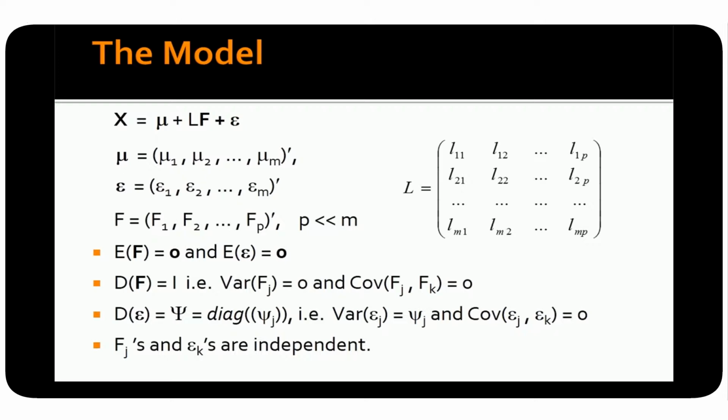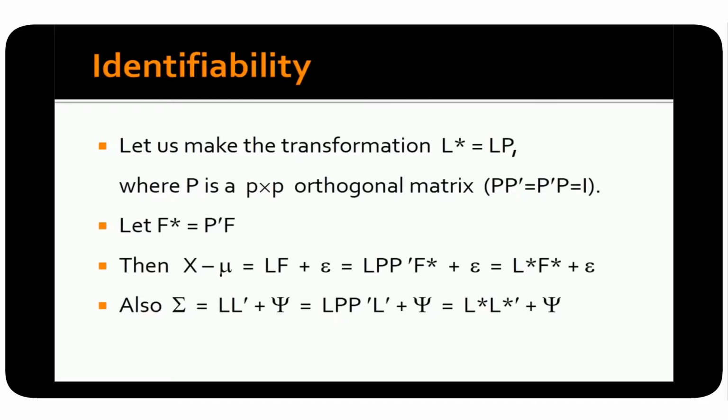These are the common factors. Whereas epsilons are the specific factors, which can be taken to be the error of the model as well. And also remember that the expected value of x is mu and the dispersion of x is sigma, which is L L prime plus psi.